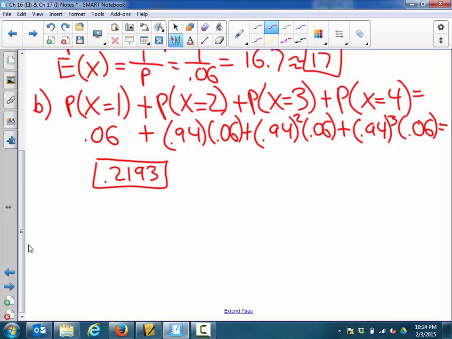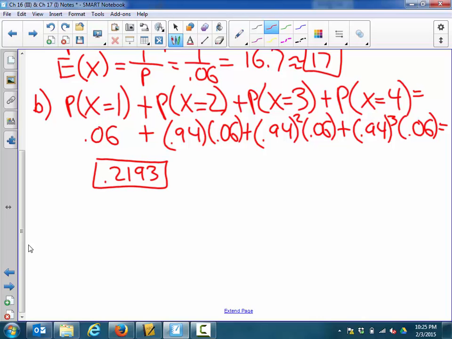For some reason I was putting 0.96 instead of 0.94. 0.06 plus 0.94 times 0.06, plus 0.94 squared times 0.06, plus 0.94 to the third times 0.06. Well, it's about the same. It's pretty close to that.